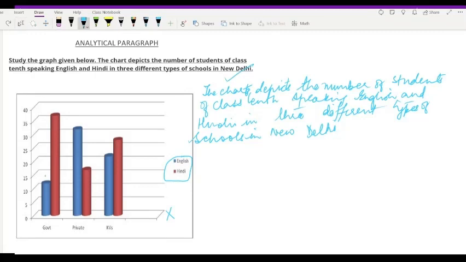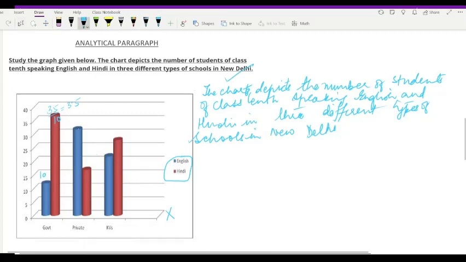As you can see here, the students who prefer speaking English in government schools is only 10 as compared to 35 those who prefer speaking Hindi. So establishing relationship, it will give us 3.5. So the number of Hindi speaking students are 3.5 times more than the students who speak in English.